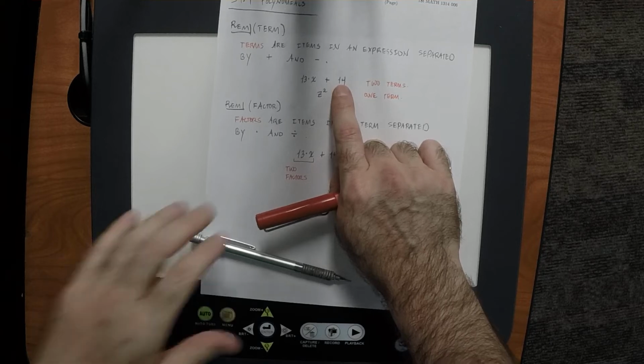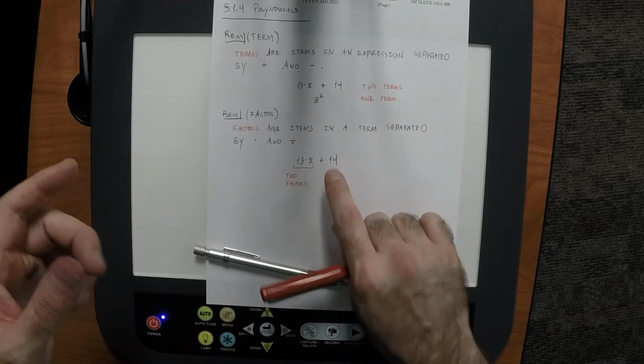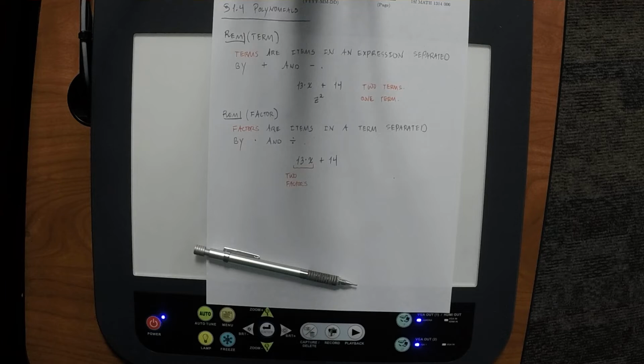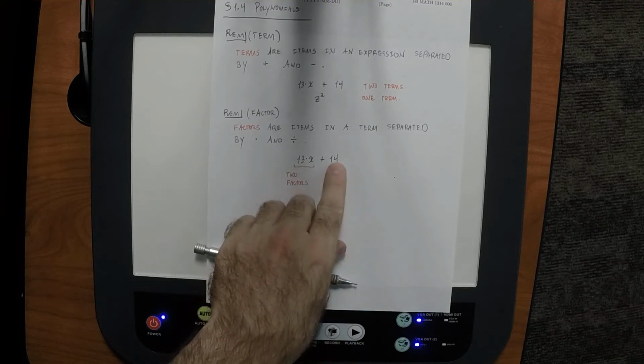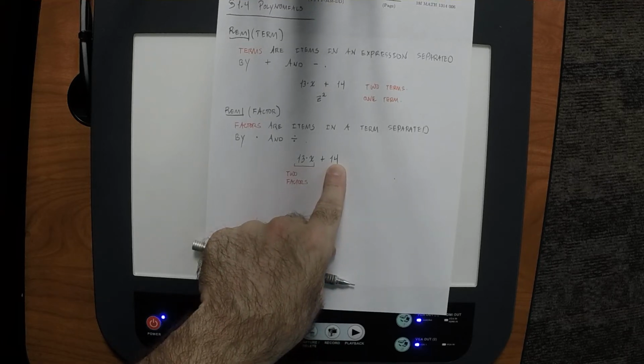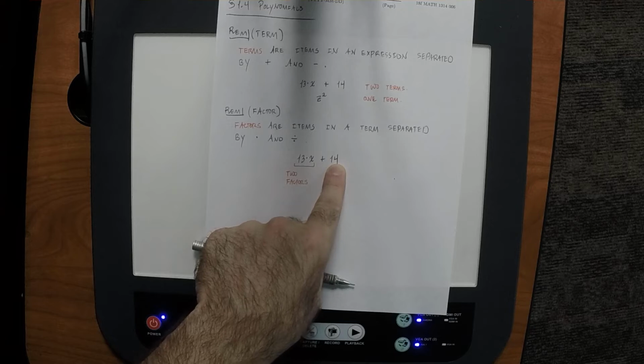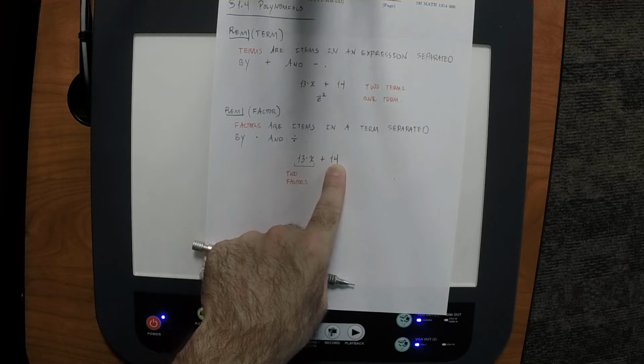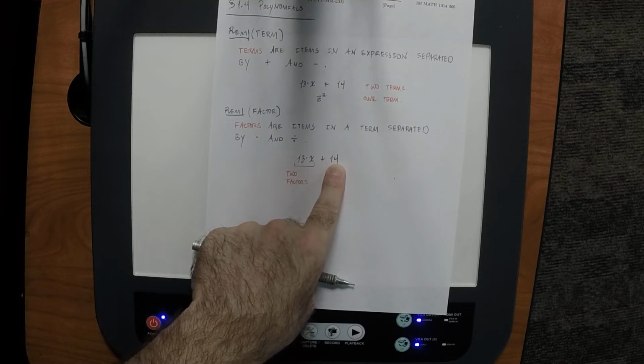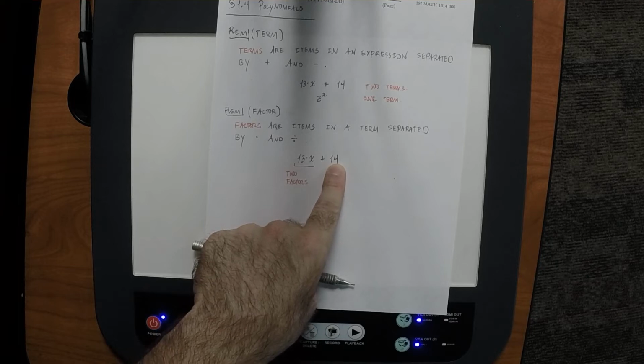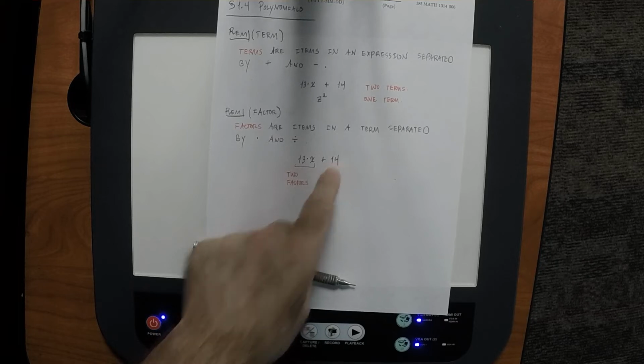Similarly, here's a 14, but there are other ways to express 14, factorizations of 14. How can you factor 14? Right, 7 times 2. So as written, how many factors are there? 1 currently. But you could also write it as 2 multiplied by 7, and then that would be a representation that has 2 factors. Okay?